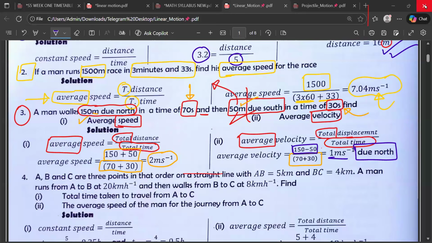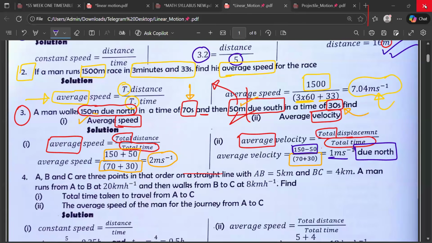You also subtract. They cannot ask that. They can only ask for average speed, but they can't ask for displacement. They are supposed to give you opposite directions at least. You get it? Yes, Chi.